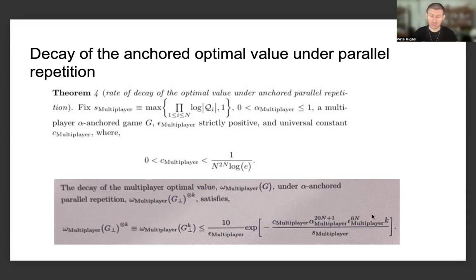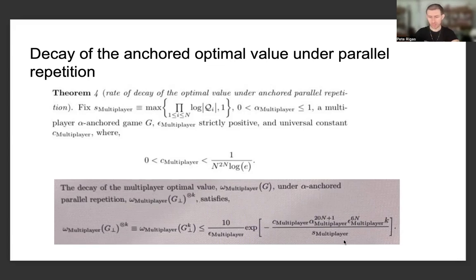But the correction that I made to the expression from the previous presentation was that the power to which the epsilon multiplayer parameter has to be raised is a quantity that's less than whatever the anchoring probability is raised to. So I changed this to 6n, as well as correcting this contribution in the power of the exponential decay to little k.